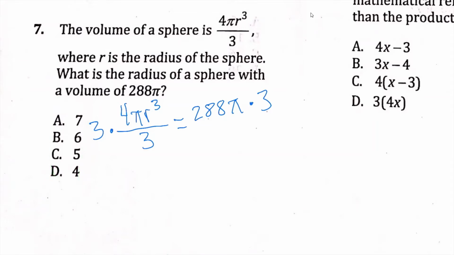So then here, multiply 3 to both sides. That side cancels out. I'm left with 4 pi r cubed is equal to 288 times 3. 288 times 3 is 864.